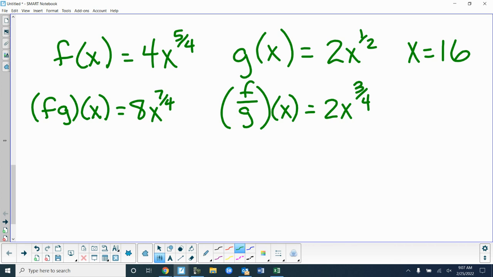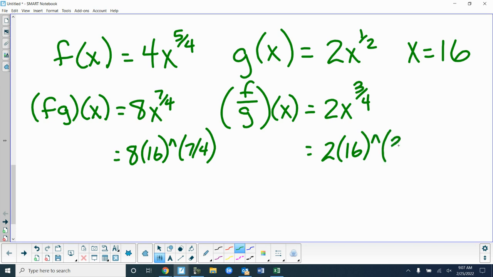That making sense? Okay, then we're gonna put 16 in for x, and when you put it in your calculator, it looks like that, right? And over here, it's 16 caret 3/4. And this one was what, 16?